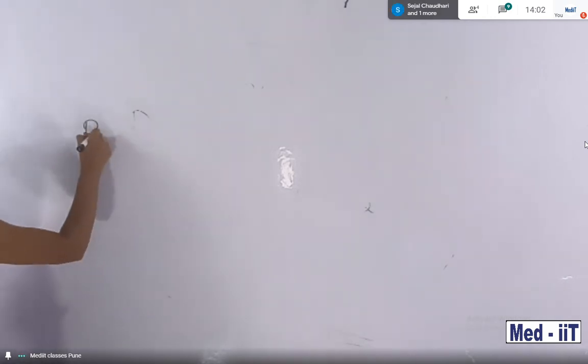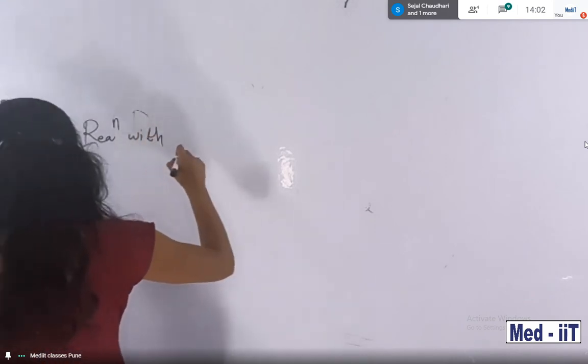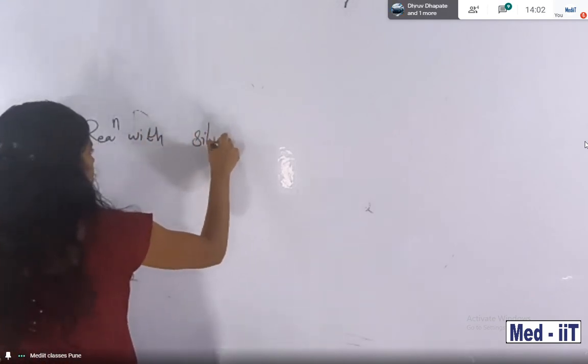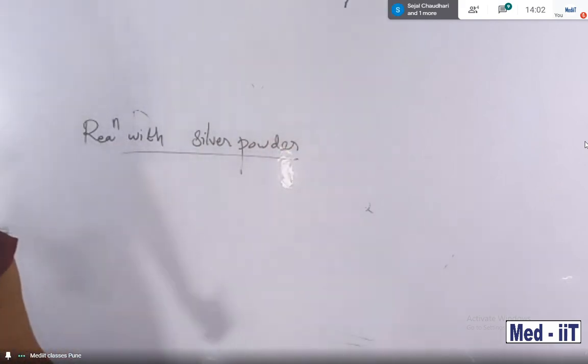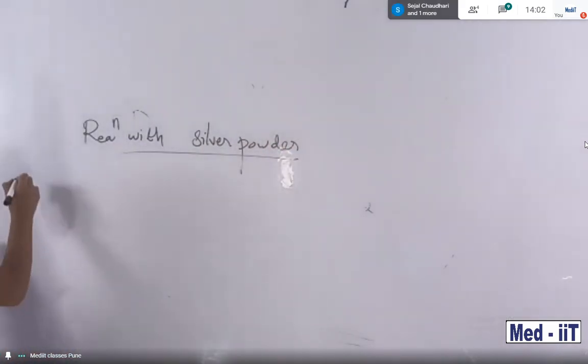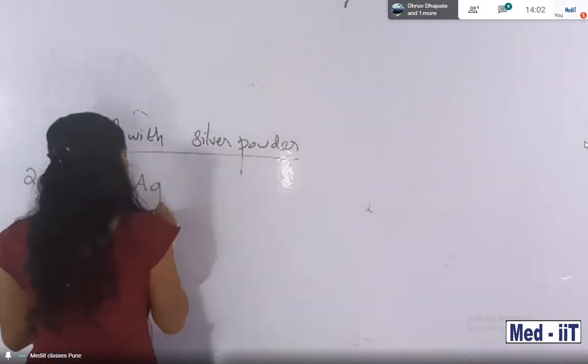Dehydrohalogenation. Next one, students, is the reaction with silver powder. We have 2CHCl3 along with silver.